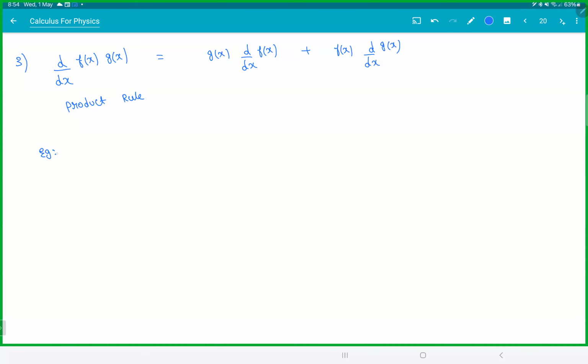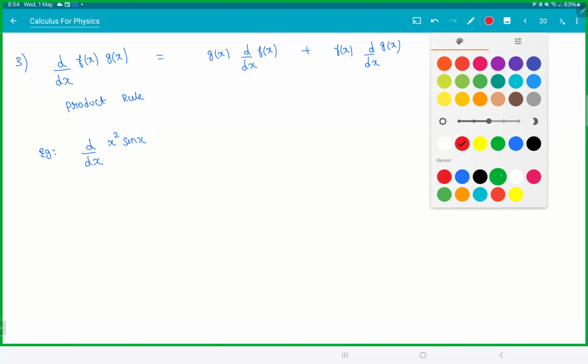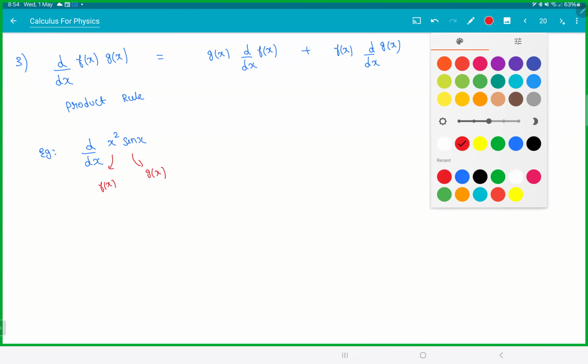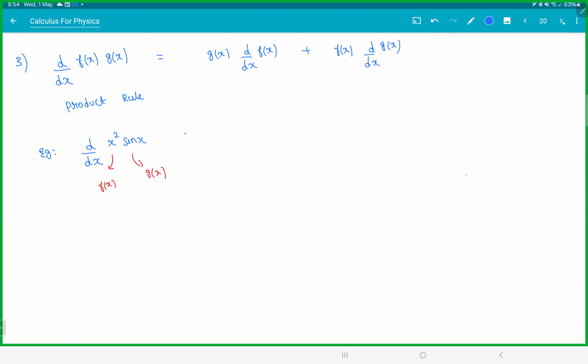Example, if someone tells you to differentiate d by dx of x square into sine x, basically you need two functions. So let's call this f of x, and let's call sine x as g of x. So f of x, g of x are simply two functions. So how do we differentiate this? When you differentiate f of x, the sine x will be outside.